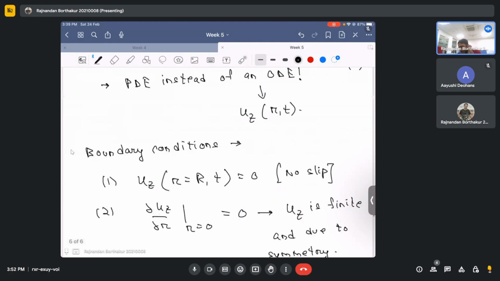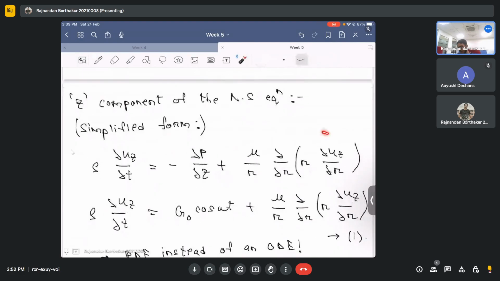Again, the idea is that the pressure gradient is driving the fluid and not the other way around.